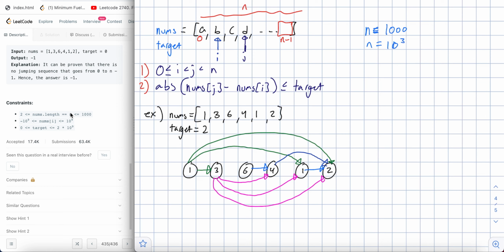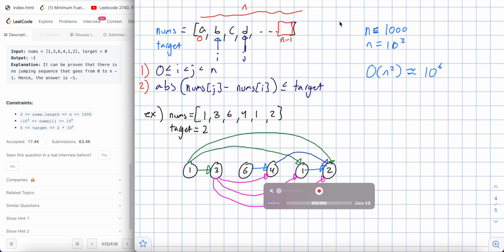So if we had a big O of n squared problem, that would be 10 to the 6, and Leetcode will almost always pass a solution that takes 10 to the 6 or less time to operate. Less than or equal to 10 to the 6, it works just fine.